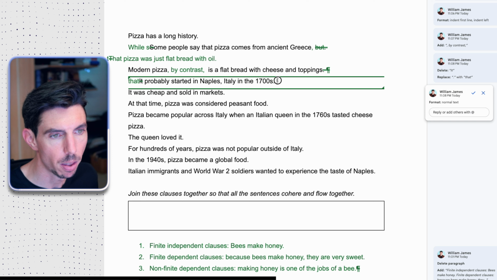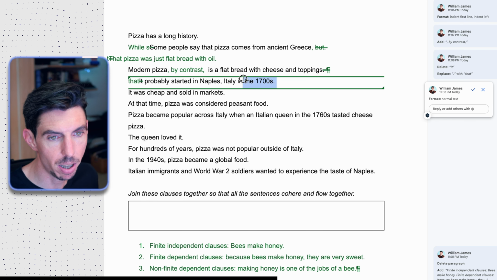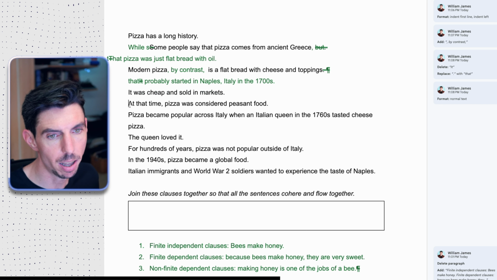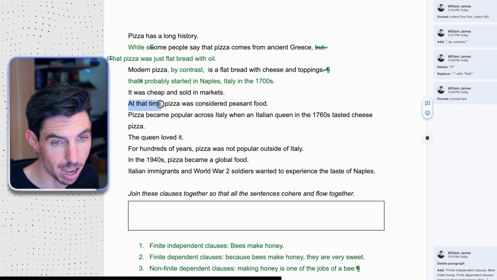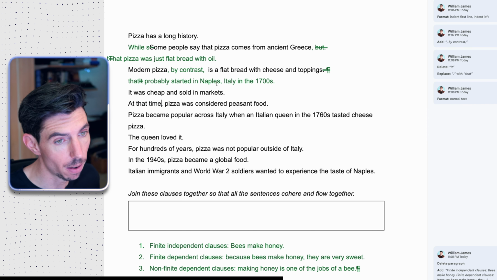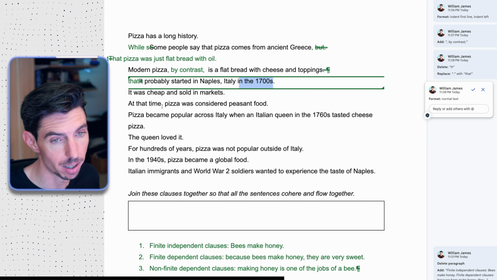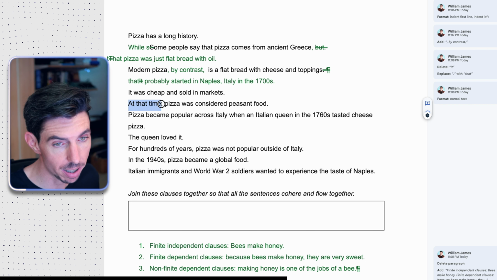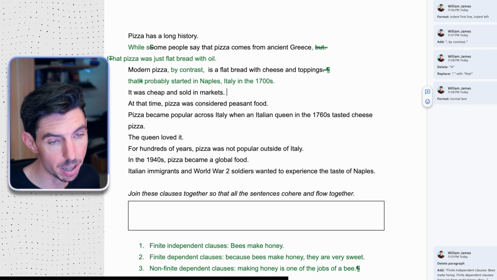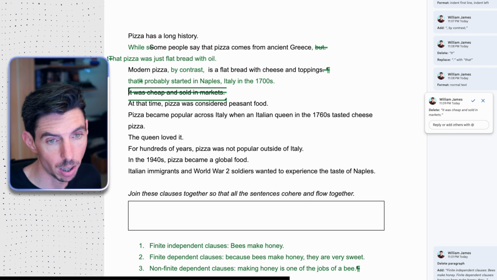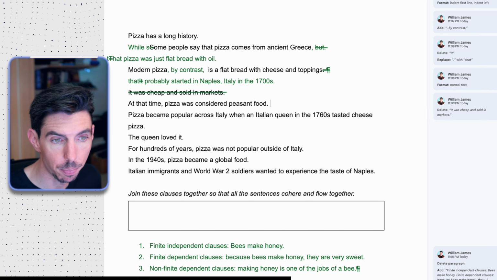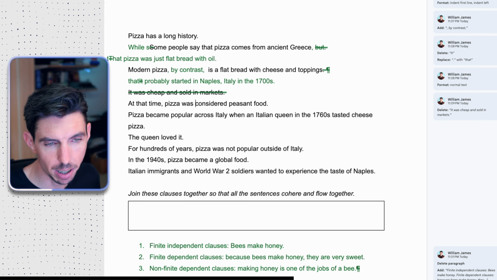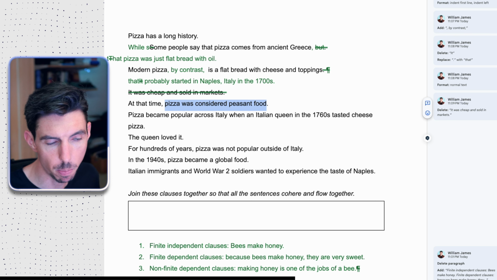Okay, now look, this sentence is ending with "in the 1700s." Then we have one that says it was cheap and sold in markets. And then this one begins with "at that time." So for sure, I want the end of this sentence and the beginning of this sentence to link up. I want the next sentence to begin with "at that time." And that means I need to get this out of the way. And probably these two sentences, "it was cheap and sold in markets," give us information about why it was considered peasant food.